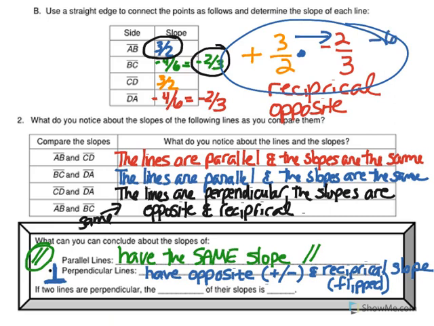So we get negative 6 over positive 6, and negative 6 over positive 6 is negative 1. That kind of leads us into what we want to say, that if the two lines are perpendicular, the product of their slopes, meaning if you multiply, remember the product is when you multiply, of their slopes is negative 1. And that's a good way to check, to make sure lines are perpendicular, multiply their slopes, and make sure they equal negative 1. Okay, now let's flip to the back of our page and take a look at some of those activities.